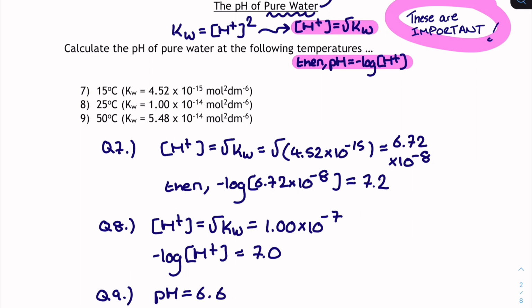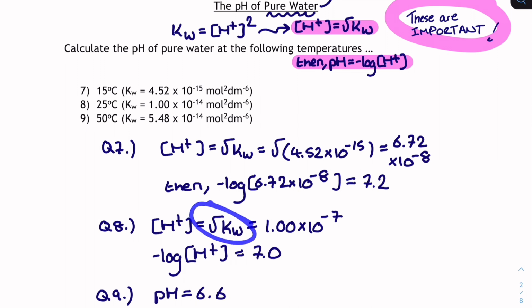That would be moles per decimeter cubed, but I do tend to forget to put the units on this, so do apologise for that. Then what I'm going to do is take this value straight away and do minus log of that quantity to get me the pH of the water at 15 degrees C, and it comes out as 7.2.